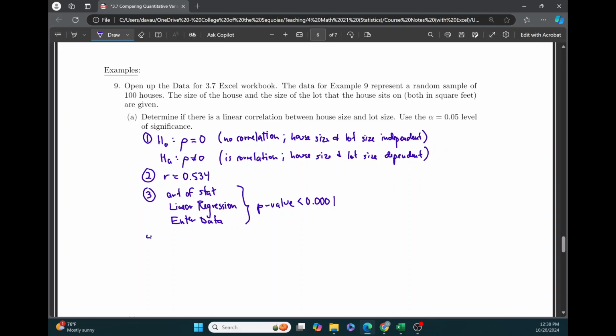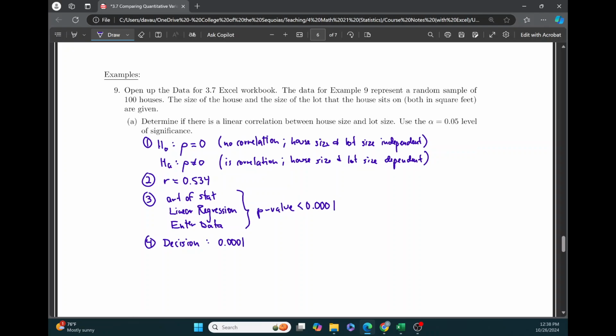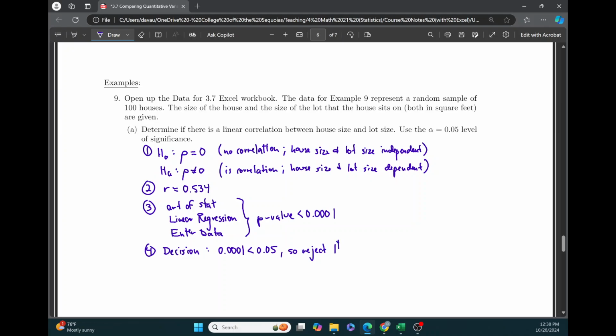All right. 0.0001 is much less than 0.05. So reject H null.